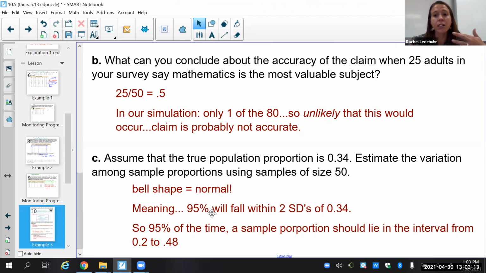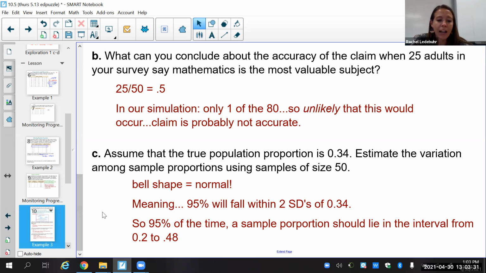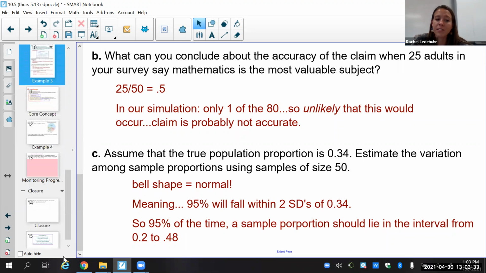That goes back to the chart that we worked on at the beginning of the unit. 95% of our data, that's the 68, 95, 99.7 rule, within 2 standard deviations. So 95% of the time, a sample proportion should lie in that interval. Okay, all right. If you have a question about any of that, drop it in the Edpuzzle now.